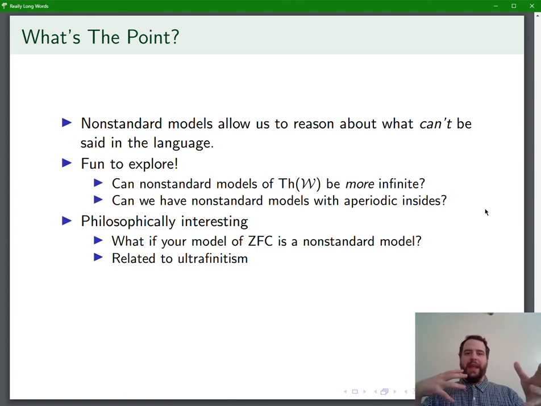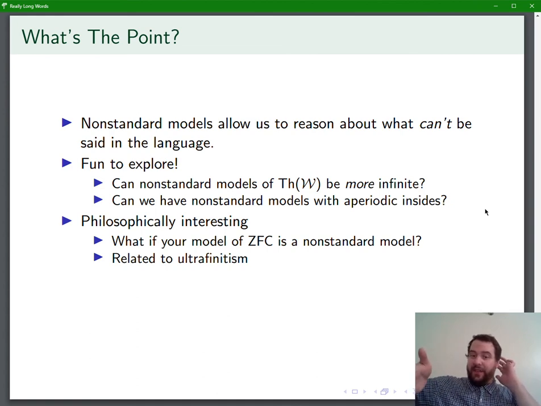But we can empathize with these ultrafinitists, because here I've produced a model of words for you, where you can start off with the empty word and keep tacking a 0 onto the end, and you won't ever get to this particular word that behaves like a finite word.